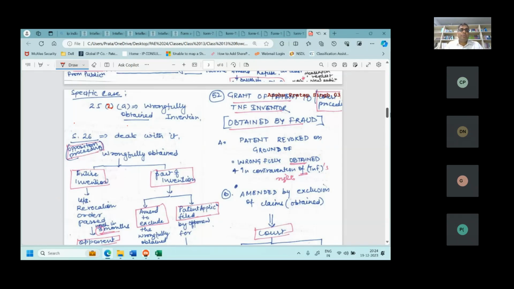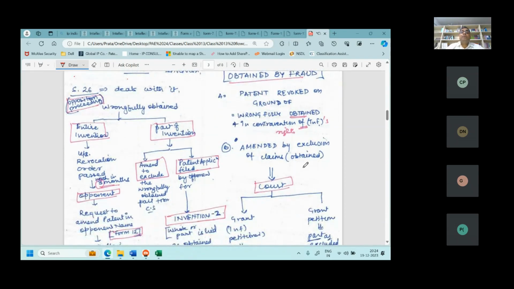Section 52 again talks about wrongful obtainment. It says that if an invention is obtained by fraud, in contravention of the true and first inventor's rights, right?